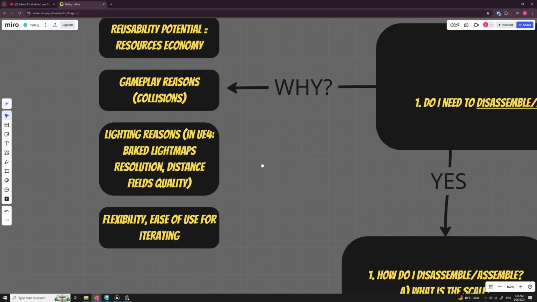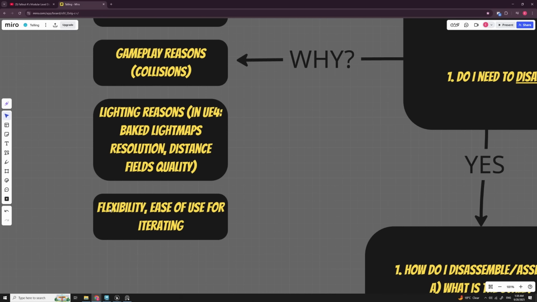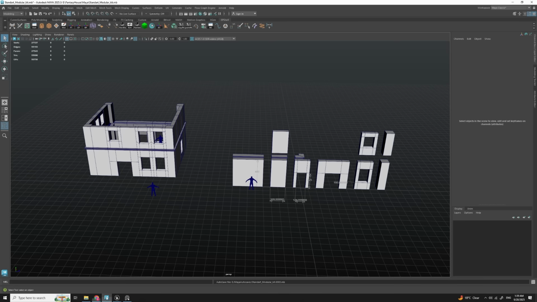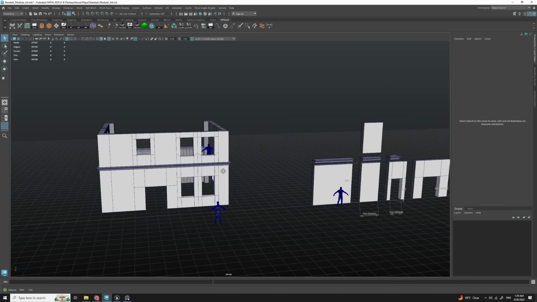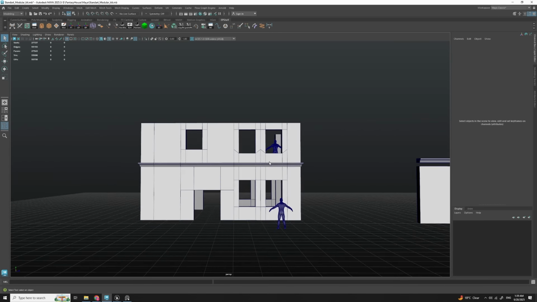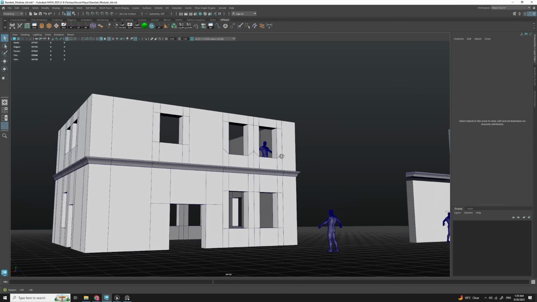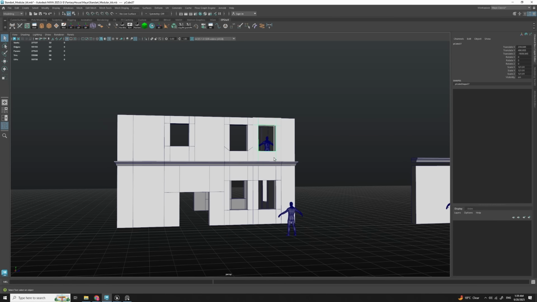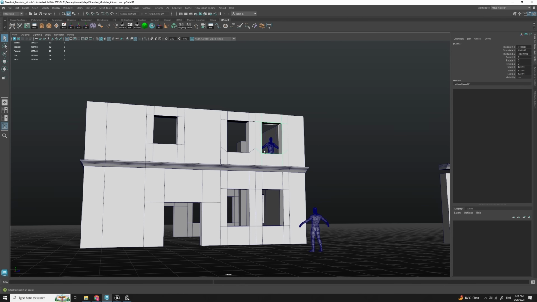The last reason I will mention is flexibility in use, the convenience of the iteration process. Again, as a rule, let's imagine a simple situation. We have a modern building assembled in the engine from a standard modular constructor, and we already consider it complete.